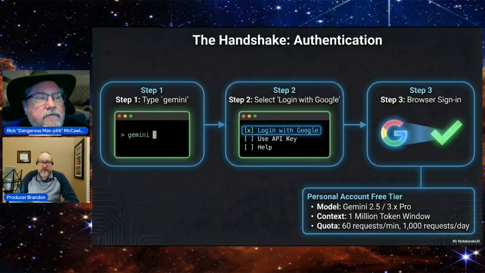So the application programming interface key is basically, if you didn't have a Google account or your own Gmail tied in, you could go to Google Cloud and get a specific key that you pay for. That's tied to your credit card, and it charges you per use.